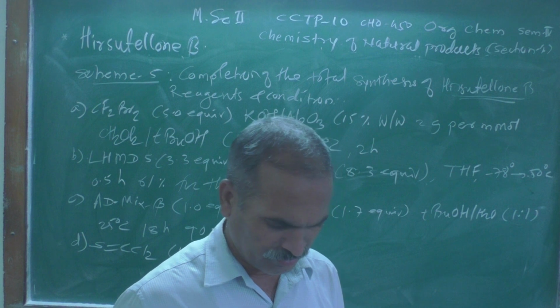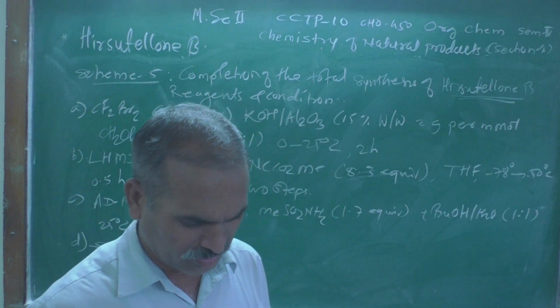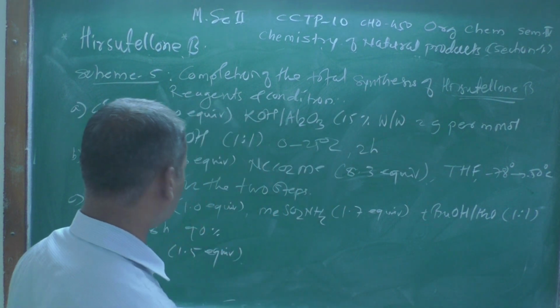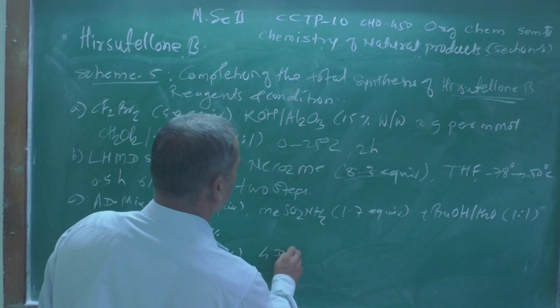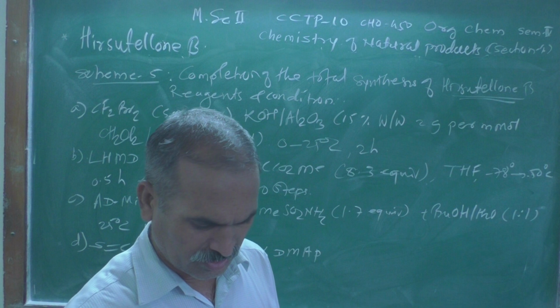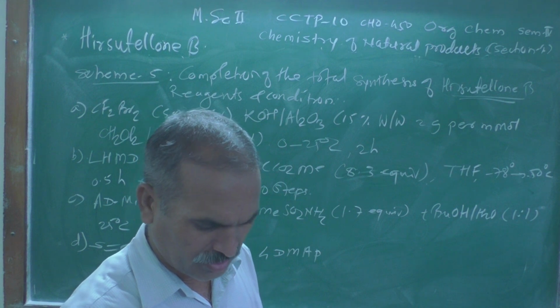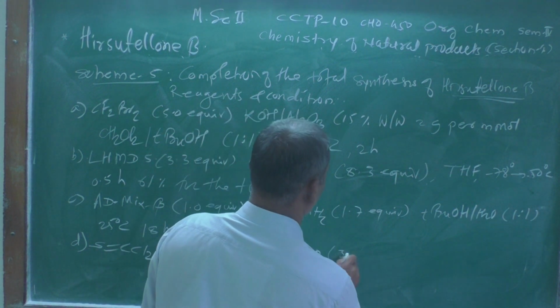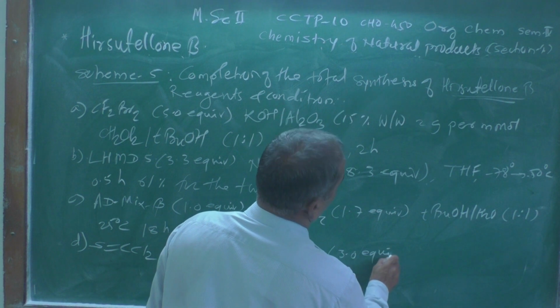It is taken as 1.5 equivalent, along with 4-DMAP, which is also a reagent, taken at about 3.0 equivalent.